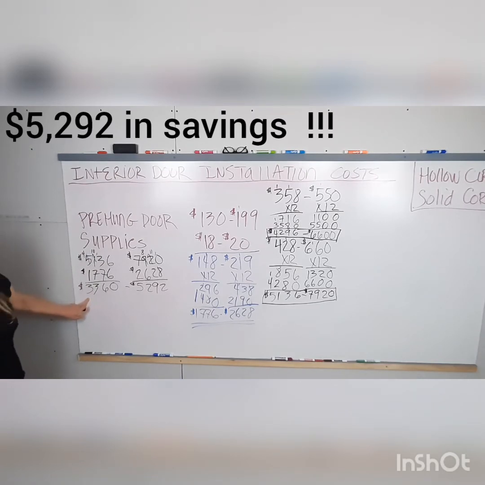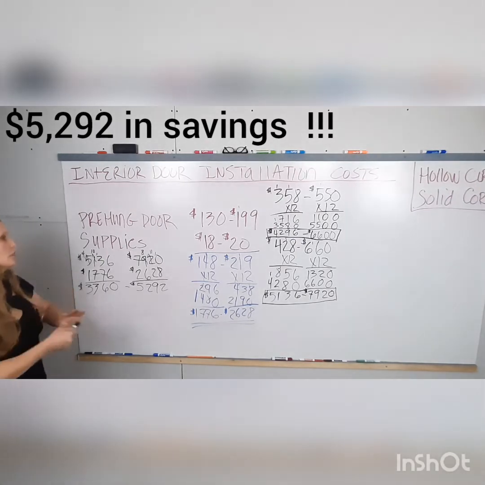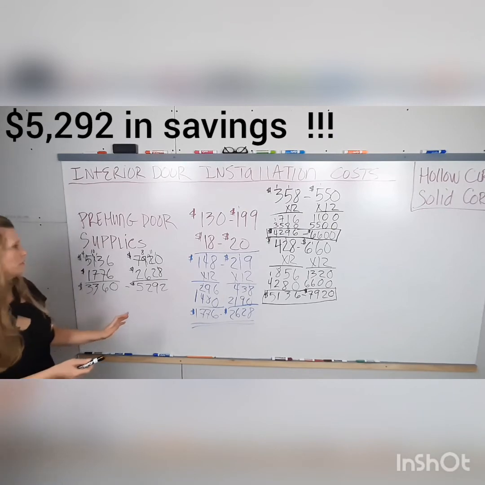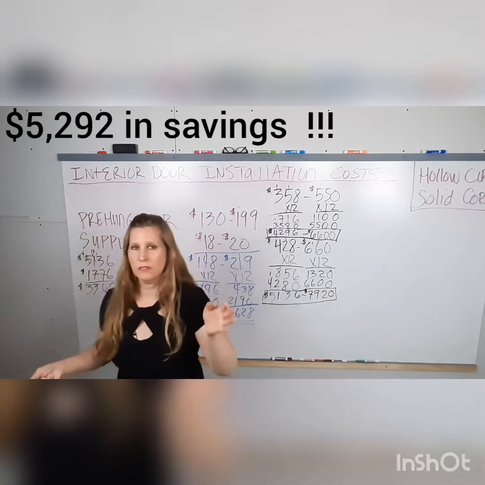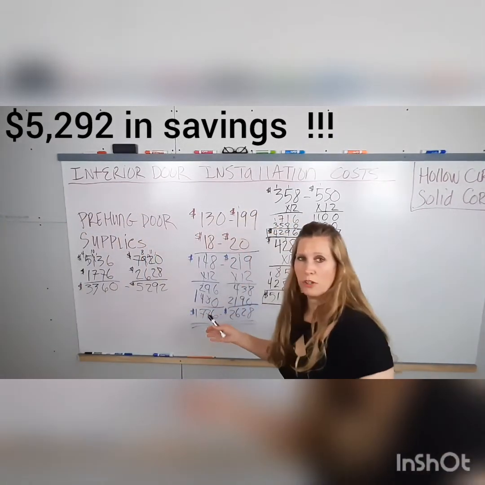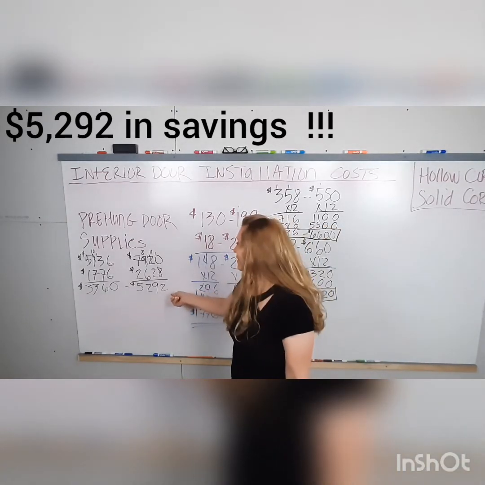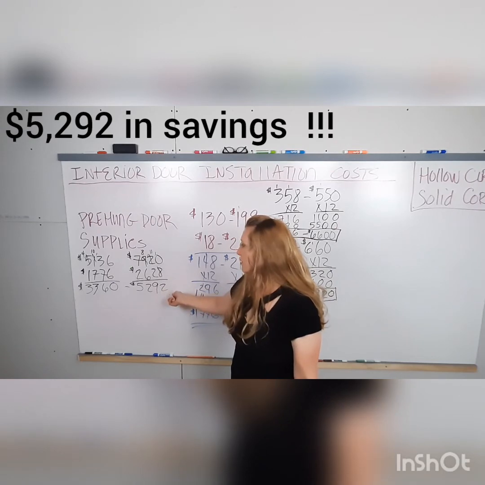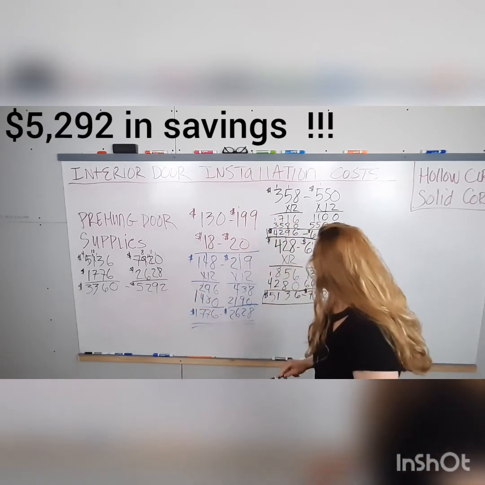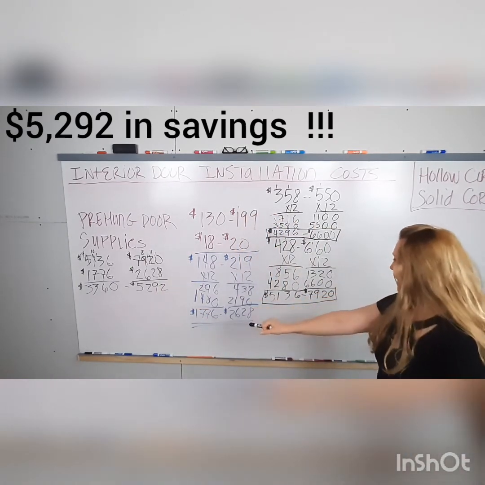And this is a small house, 12 doors. Some of you might have double that in your home. The square footage might be double. So you're going to save a lot more than this. But this is what I would save. Now, I'd much rather pay that than this.